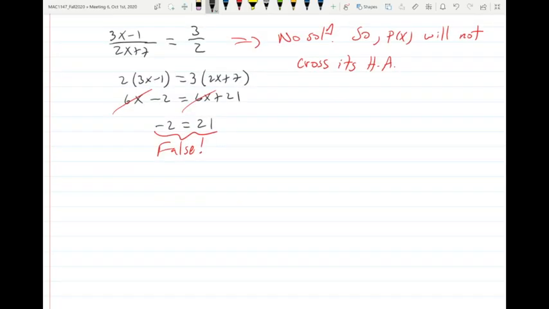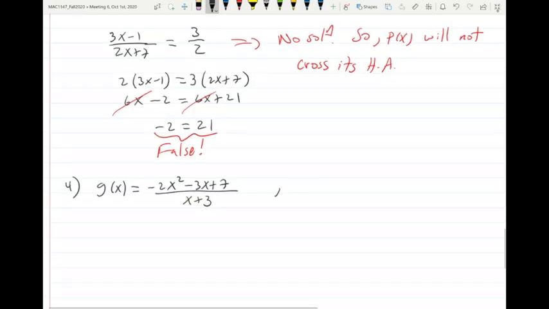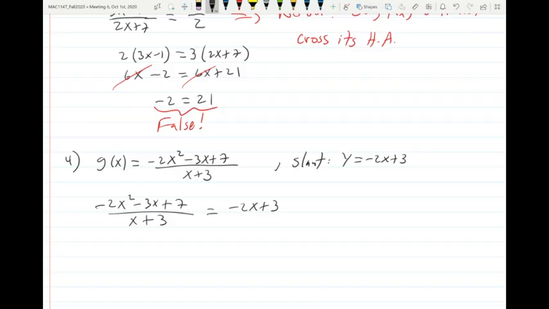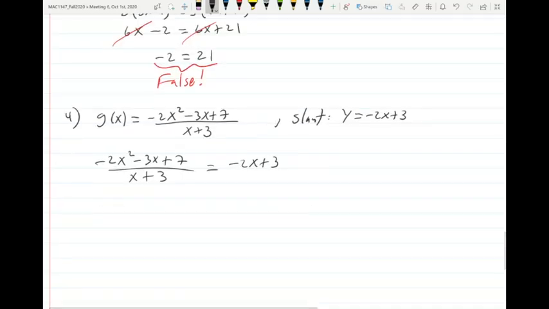We had our slant asymptote. So we have g of x equals negative 2x squared minus 3x plus 7 over x plus 3. And then here we found the slant asymptote. It was y equals negative 2x plus 3. All right, so let's see if we're going to cross it. So just move the x plus 3 to the other side.